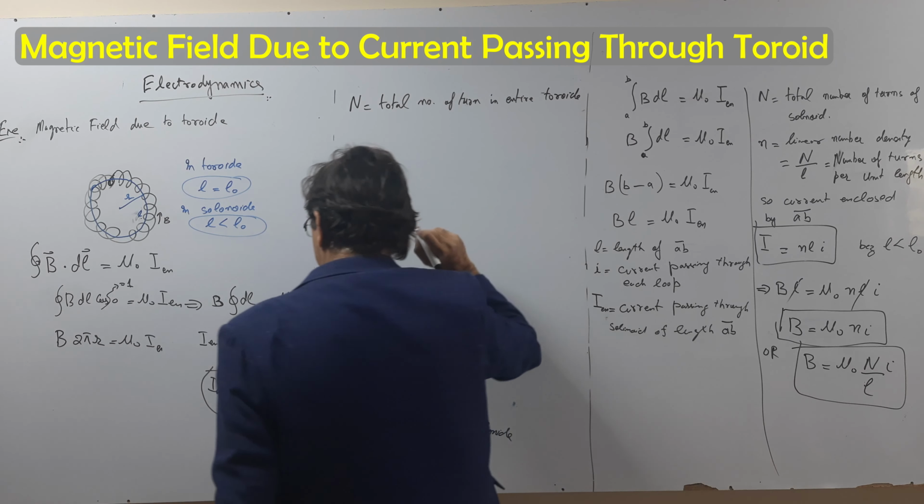So B times 2 pi r equals mu naught N I. B equals mu naught N I over 2 pi r. This will be the magnetic field.